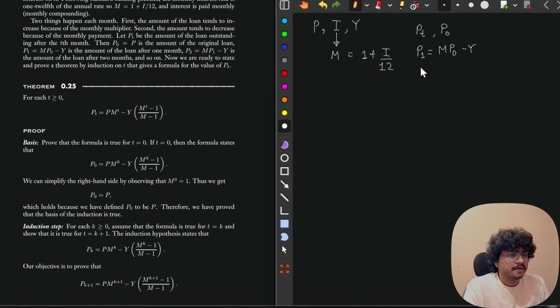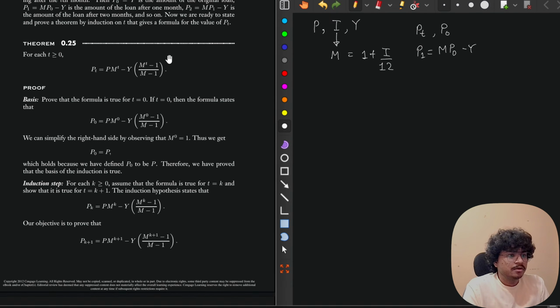Now we are ready to state and prove a theorem by induction on T. It gives the formula for the value of P_T. For T greater than or equal to 0, we have the formula.